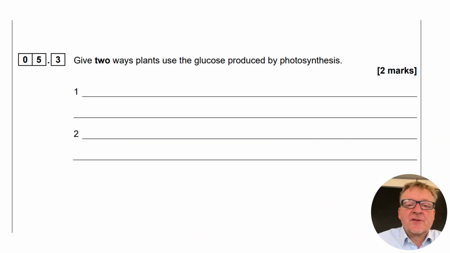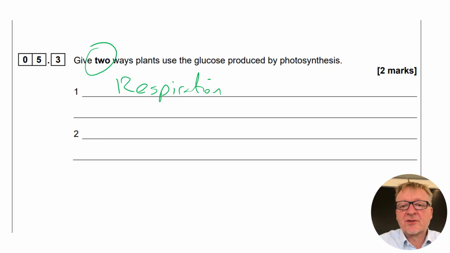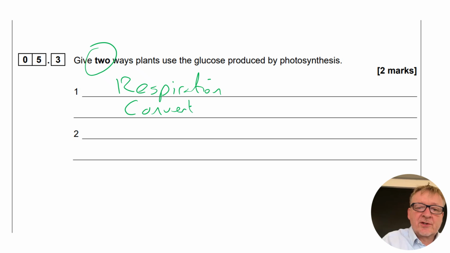5.3. Give 2 ways plants use the glucose produced by photosynthesis. It will use it for respiration. Even though you don't think that a plant respires, it does respire. It's respiring all the time because that's what growth and repair is. It will also convert the glucose to starch.